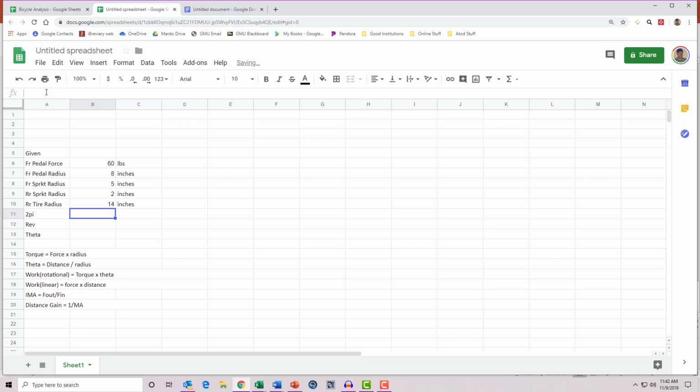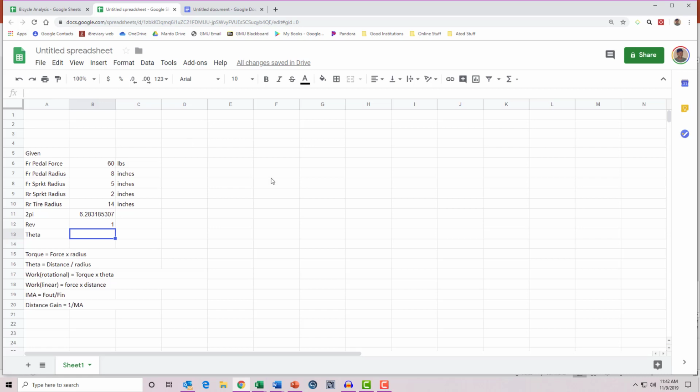Okay, now 2 pi, what we're going to do is show the formula. So right here, I'm going to go up here and say 2 pi equals 2 times the pi function. Okay, and it knows what it is and it tells me what it is right there. All good. And I'm going to have 1 revolution, and therefore my theta, and as I'm saying this, I'm showing you how to do things.